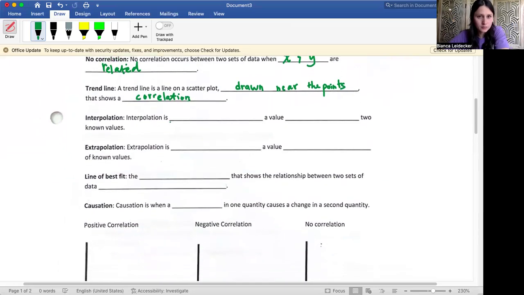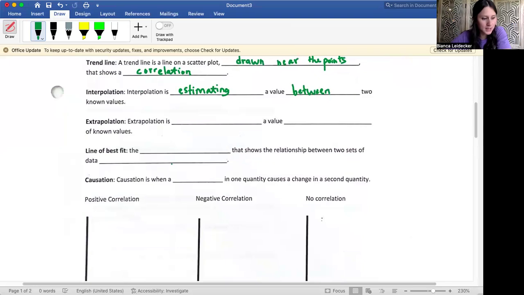Interpolation is estimating a value between two known values. Extrapolation is predicting the value outside the range of the known values.